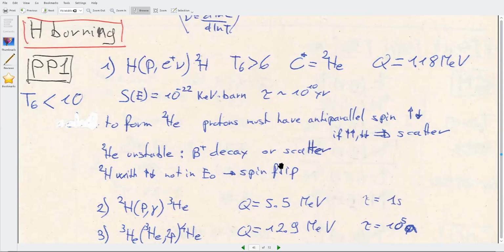Otherwise it can be split again and it goes back to a proton and neutron that will decay into the proton and an electron and an antineutrino.